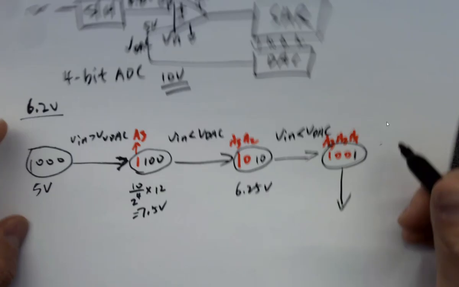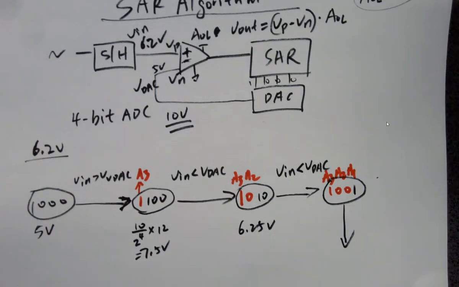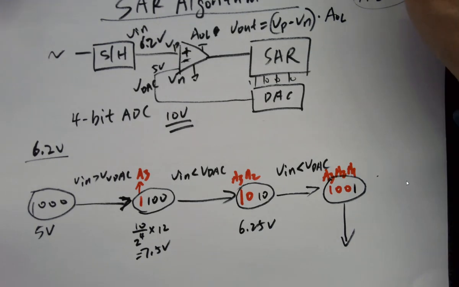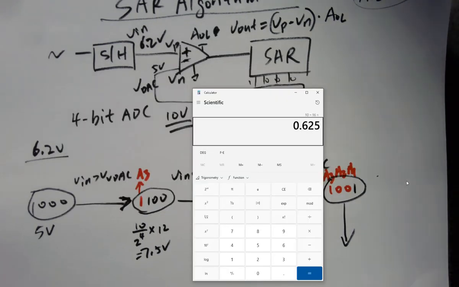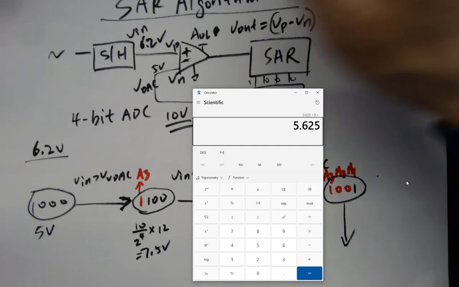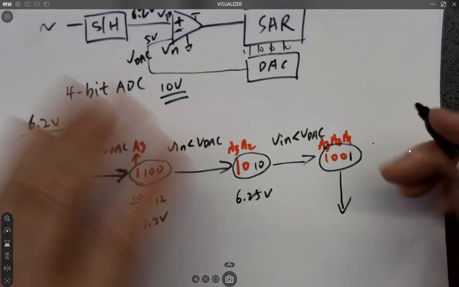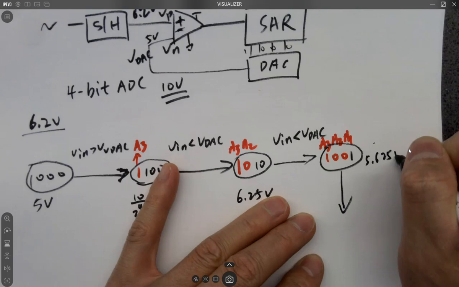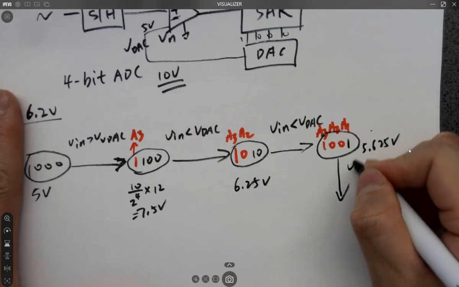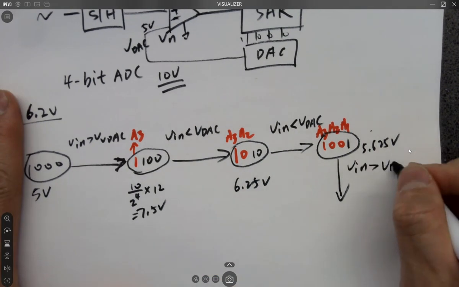And for the last state, now Vin becomes larger than VDAC again.